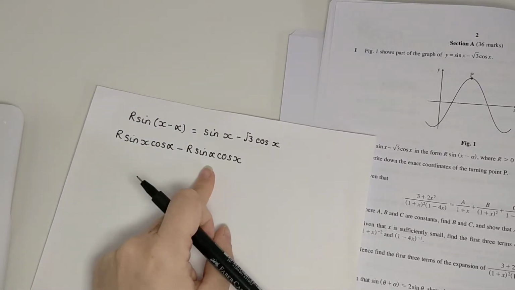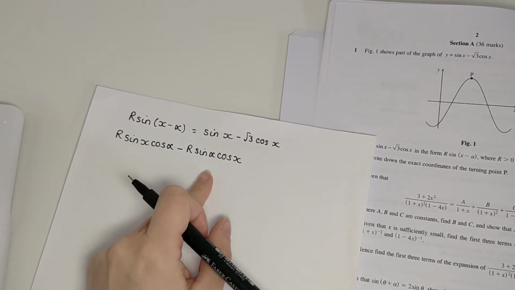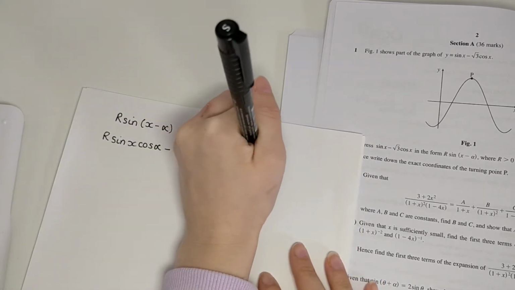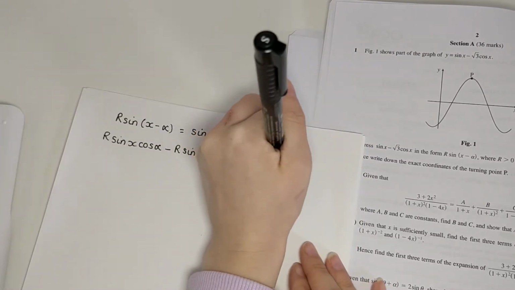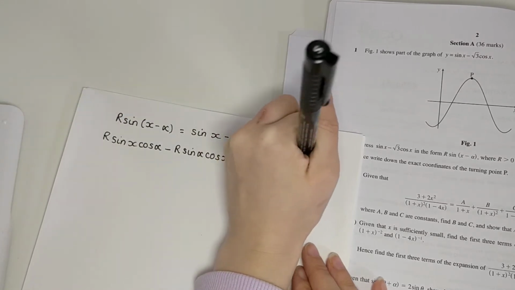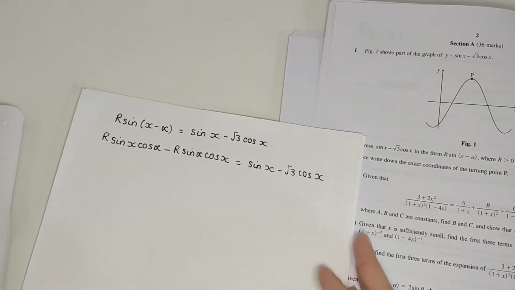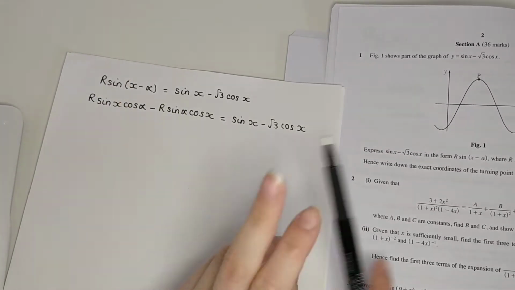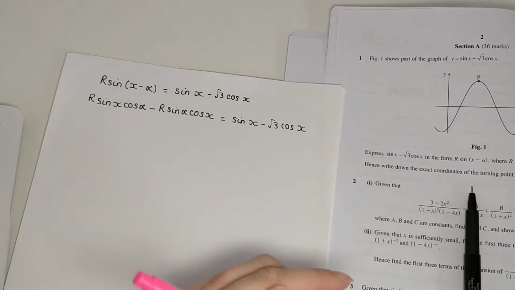You do get these in your formula booklet. What you don't get is double angle, but you can always derive the double angle from this one. Okay, so I've expanded that and left that same. Now we're going to compare the coefficients.